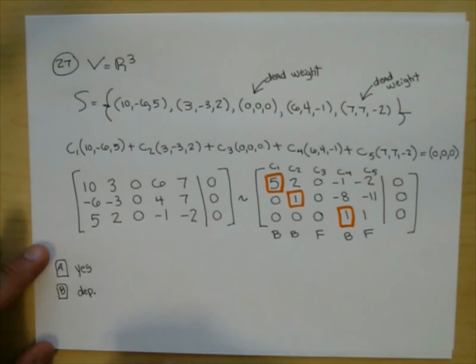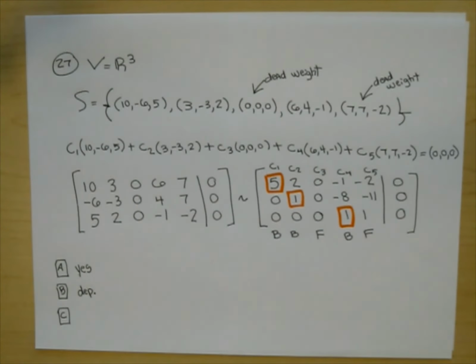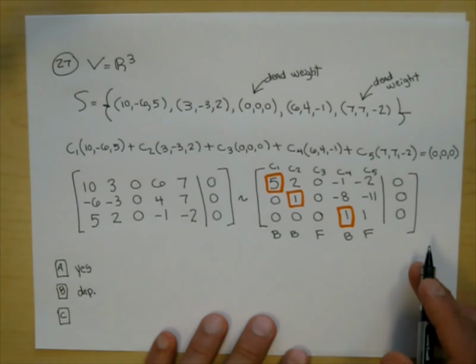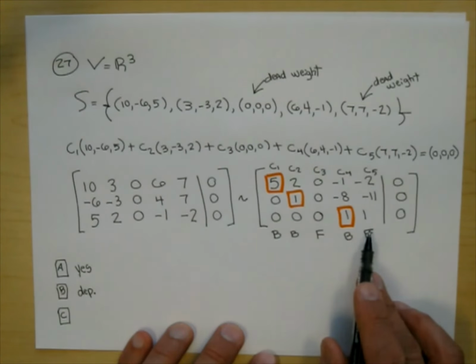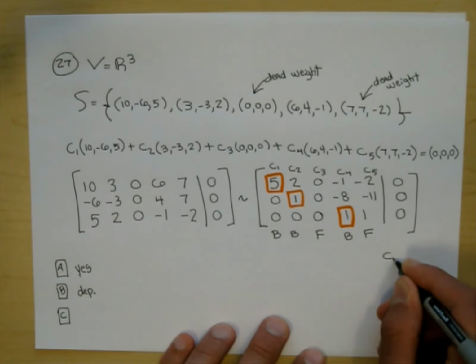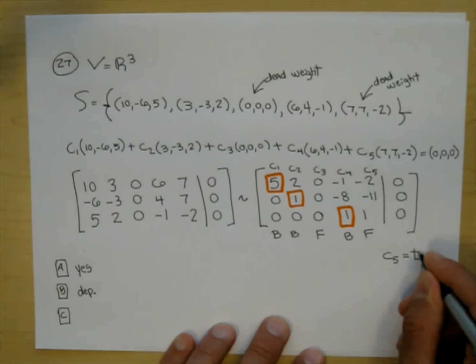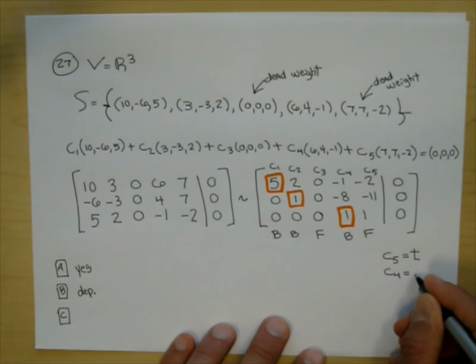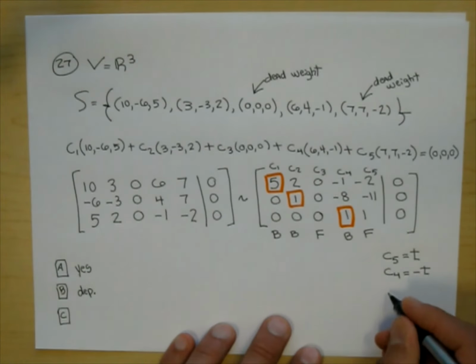Now, because of that, we have to write our dependency relationship. Well, there's a few ways we can do this. I'm going to solve this system. So I'm going to say that C5 is T because he's free. C4 is -T, and that comes from the 3rd row, where it says C4 plus C5 is 0.